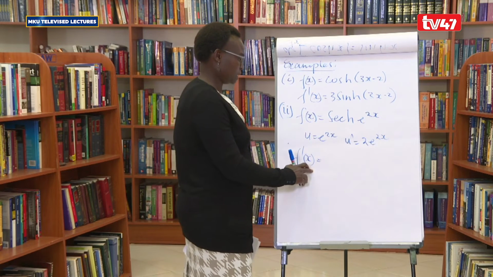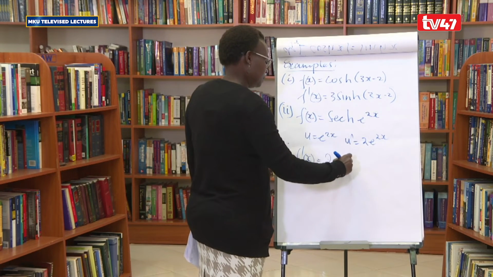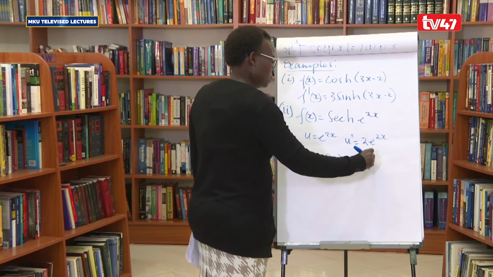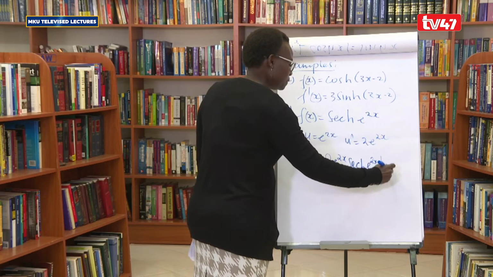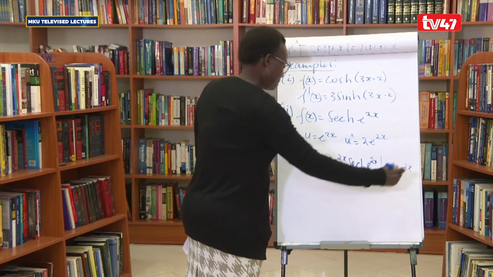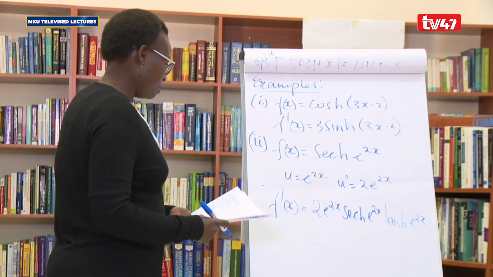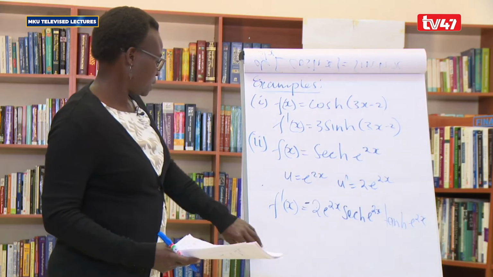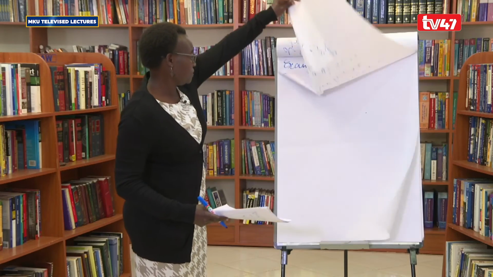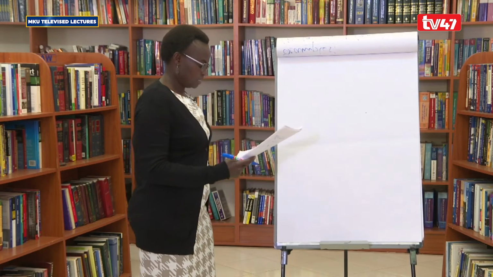So this will give us 2e to the 2x, and then sec hyperbolic e to the 2x, tan hyperbolic e to the 2x. Okay, but it is negative. Remember, the derivative is negative. And then we move to the next example.